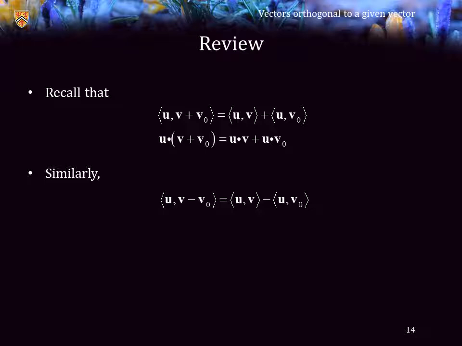Similarly, the inner product of u with the difference v minus v0 is the difference of the inner product of u and v and the inner product of u and v0. Again, using the dot product notation, this is u dot (v minus v0) equaling the dot product of u and v minus the dot product of u and v0.